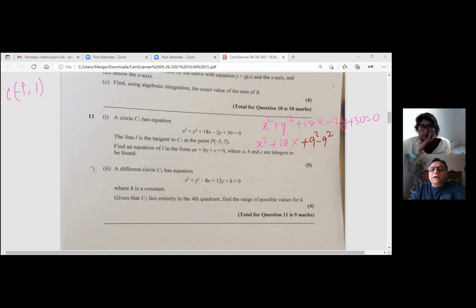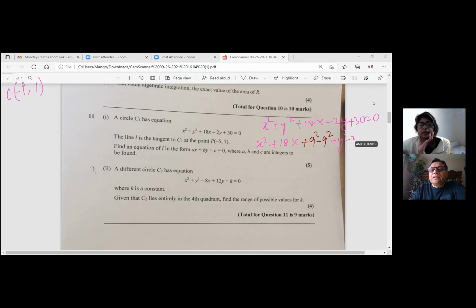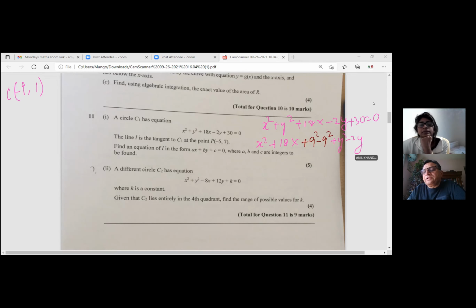The other part is y squared minus 2y. Half of 2 is 1, so we add and subtract 1 squared. We have plus 30, so let me write it as equals minus 30 here.